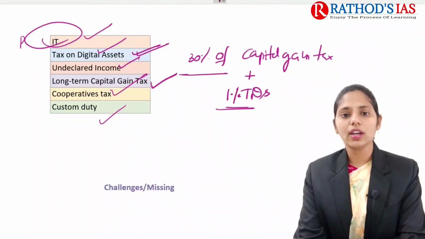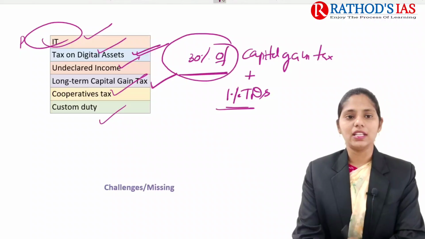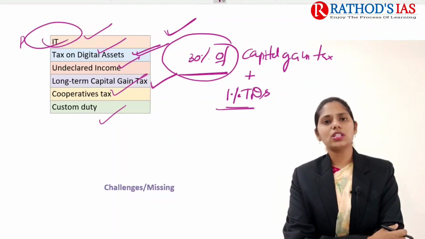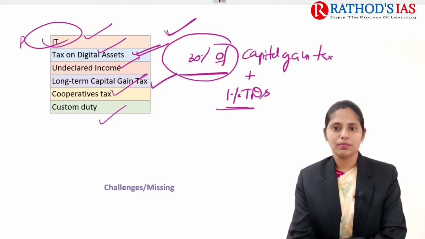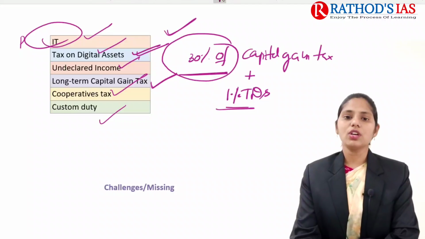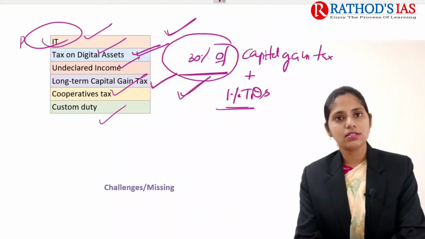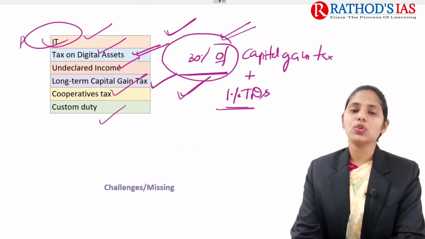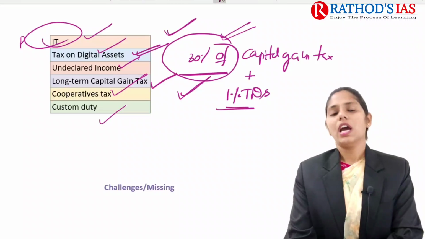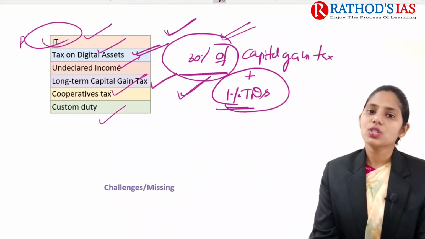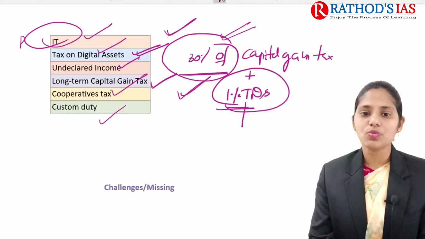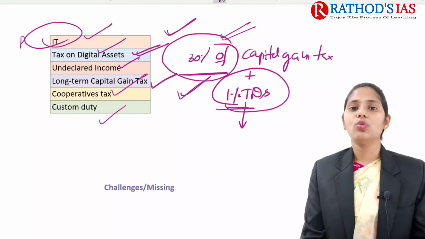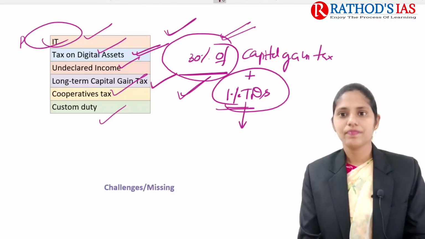Okay, so this 30% capital gains tax is mainly imposed on digital assets, like cryptocurrency, which is now much used in trade. So from this digital currency also they are getting money, right? Because of this, 30% capital gains tax is imposed, along with 1% TDS. Whenever TDS is imposed by the government, we can identify where the transaction is happening and who is doing these transactions, right?